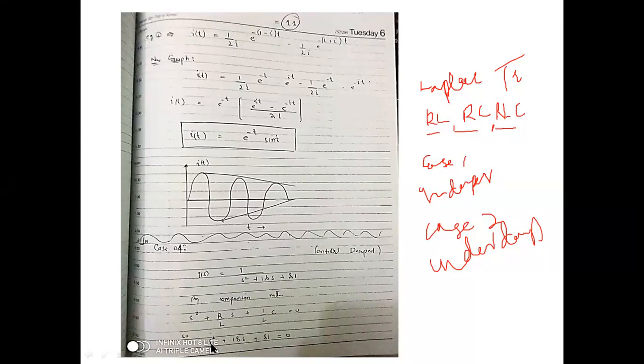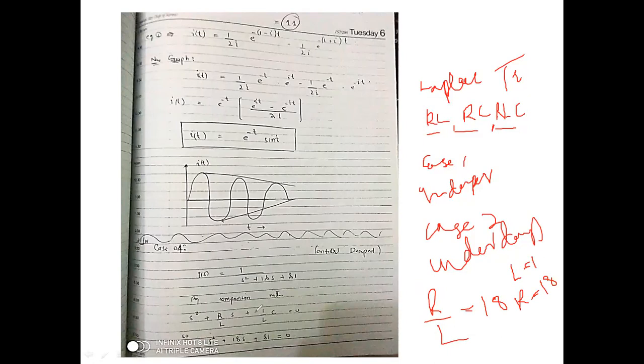So R over L is equal to 18. Assuming L is equal to 1, R is equal to 18.